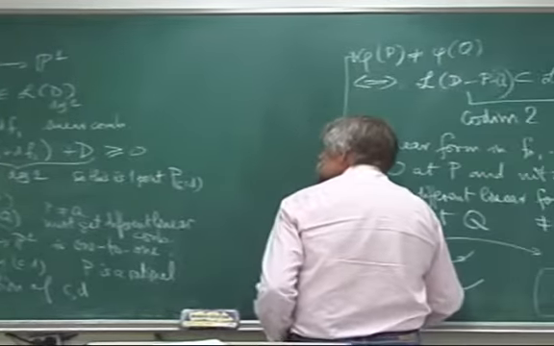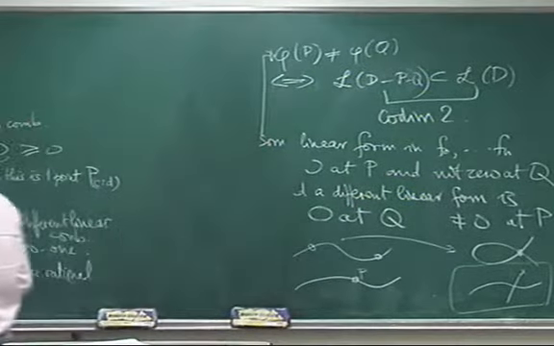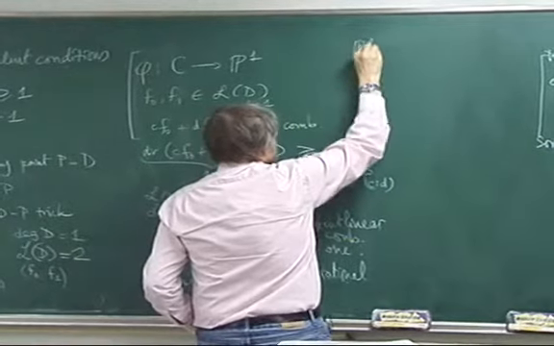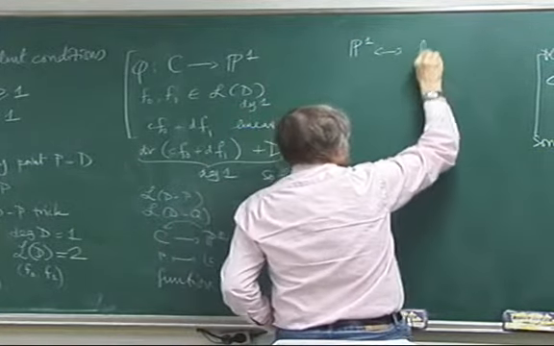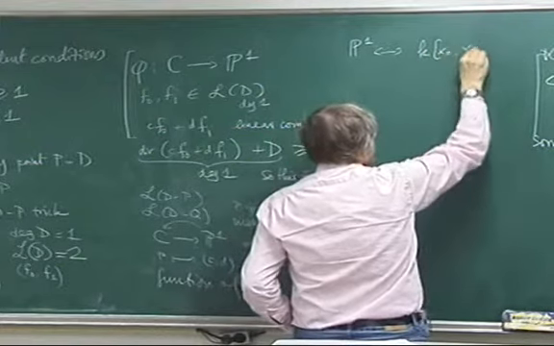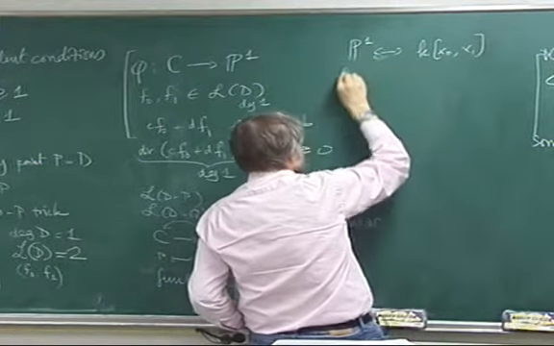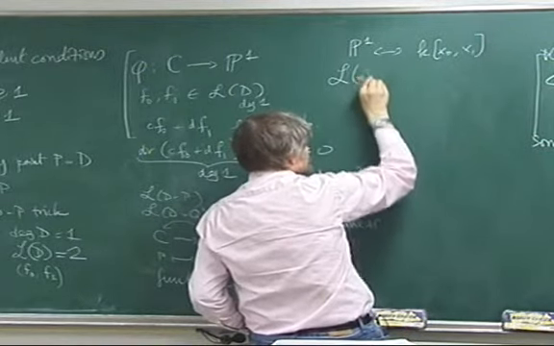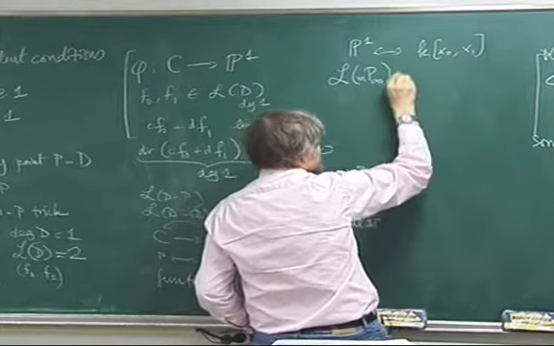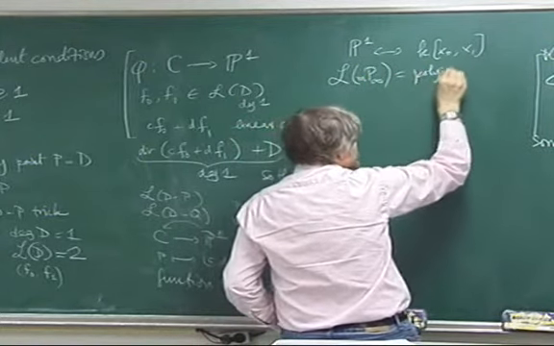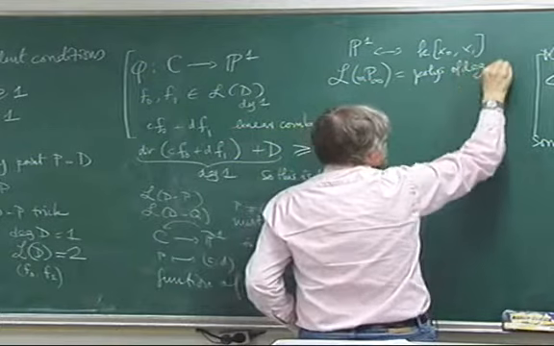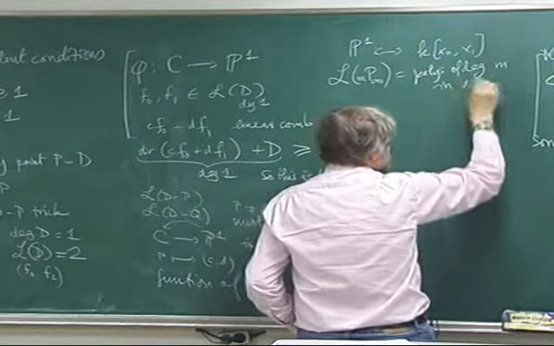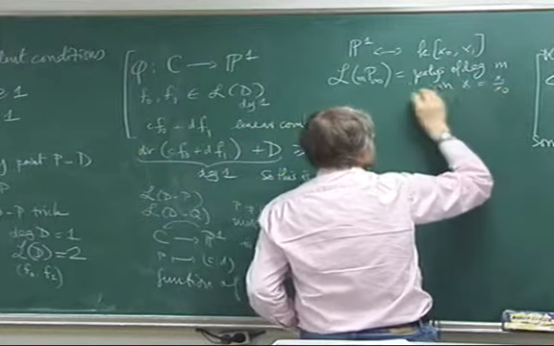Okay. So this was, of course, our starting example. P1 was related to the polynomial ring K of x0, x1, and the linear system L of m times the point at infinity is polynomials of degree m in one variable x, which is, for example, x1 over x0.